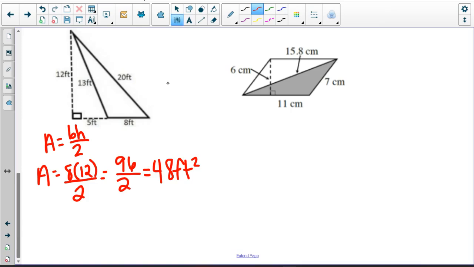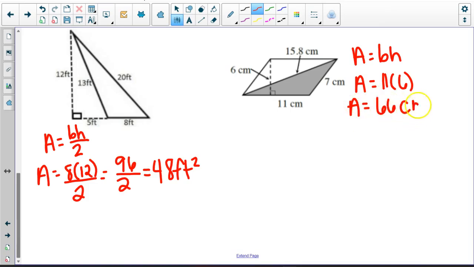Okay, let's try it out. First step, write our formula. For our parallelogram, remember it's just base times height. So plug it in. My base is 11 and my height is 6, again associated with that right angle. And 11 times 6 is 66 centimeters squared.